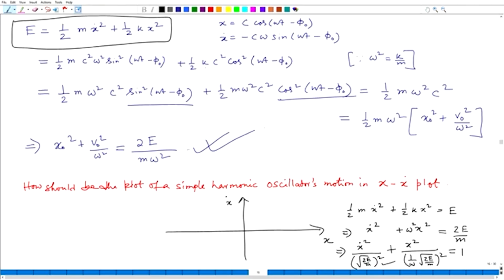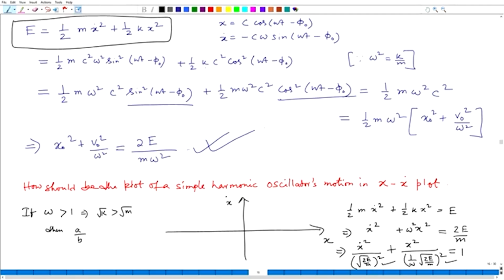Now, which one will be the bigger one? Of course, you understand that there is a 1 by omega factor. So, if omega is greater than 1, that means root k is greater than root m, right, and then a by b.